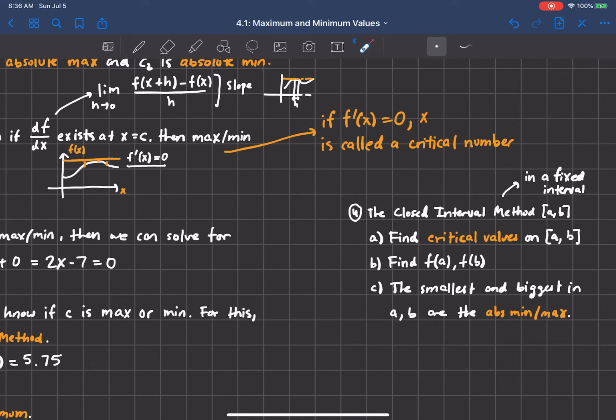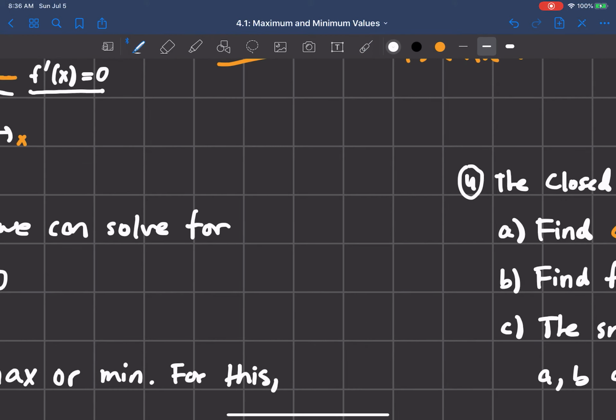So, if we had a more complicated example with this graph, so we have a curve, we have a bunch of things happening, we can see that around this point there seems to be a tangent line of 0, so let's call this guy a critical number. There's a tangent line of 0 right here, so another critical number, and yet another tangent line right here, so another critical number. Like you see, within a domain there can be multiple critical numbers, there can be infinitely many, but here we have 3.